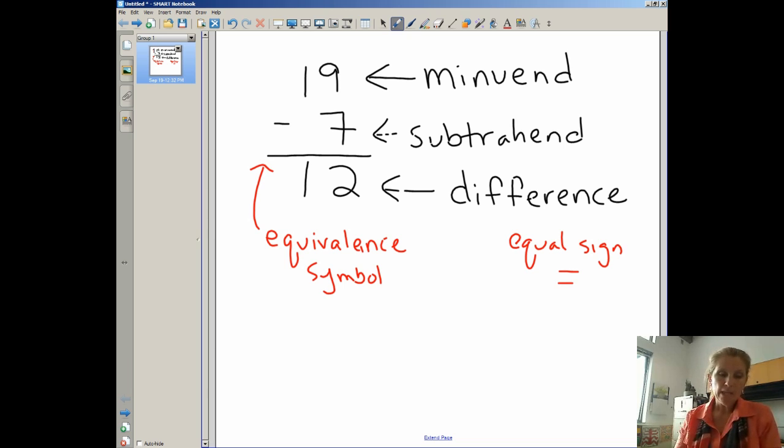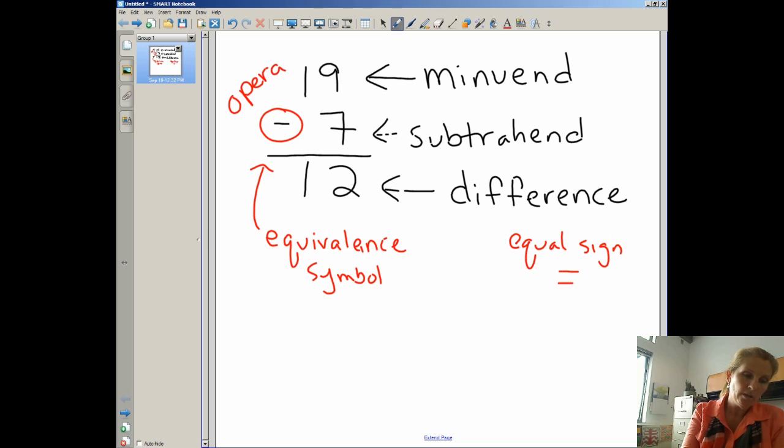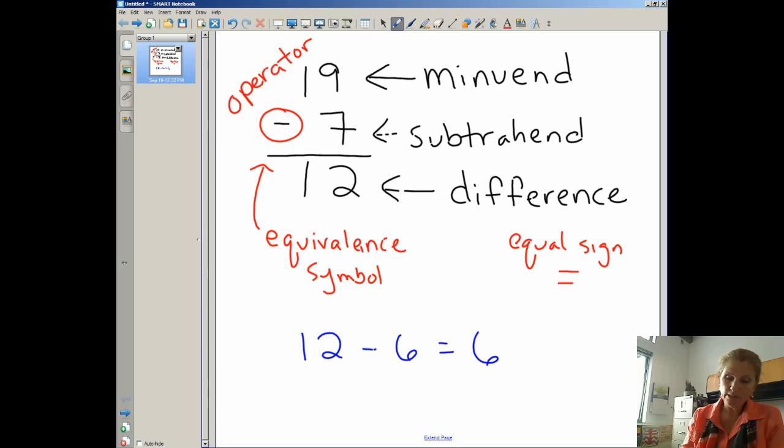And then we also have this operator, or operation, which in this case is subtraction. So all of those parts have a name. I could write a problem in this format: 12 minus 6 equals 6.